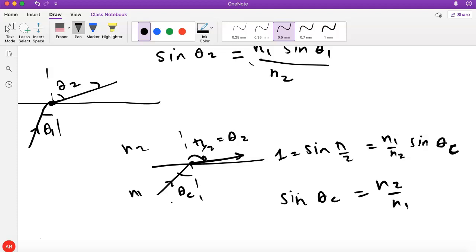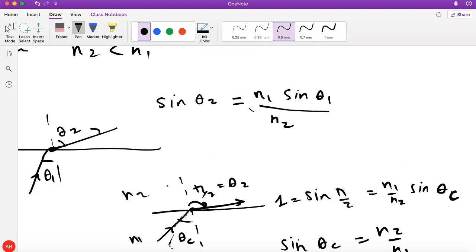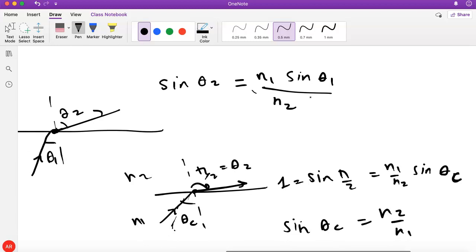Now if we're closer to the normal than this angle, we're fine because sine of theta 1 is going to be smaller, and then we can find the solution here. But if sine of theta 1 is larger than sine of theta critical, so if you're incident at some larger angle, therefore its sine is larger than n2 over n1, but it's multiplying n1 over n2, so it's going to give a number that's larger than 1. There's no solution for theta 2.